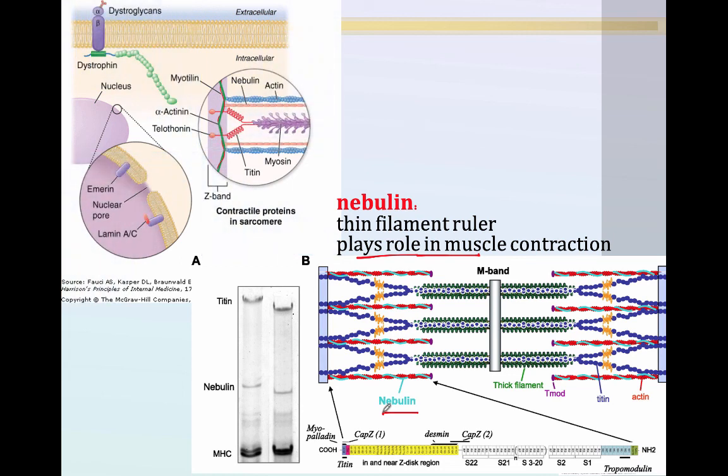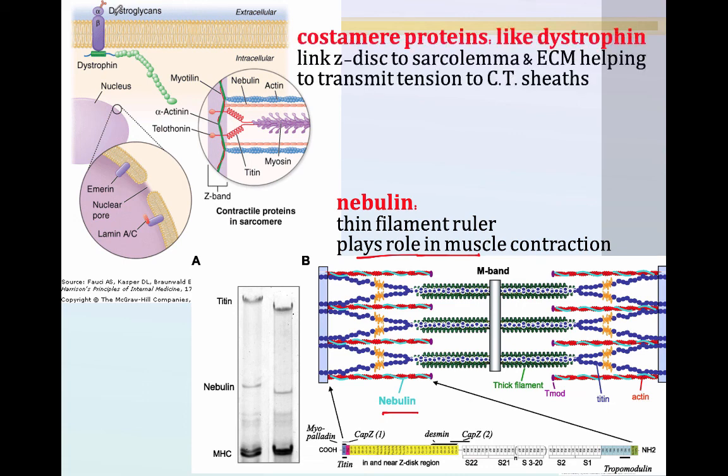I'm going to mention one other set of proteins that we have here. These proteins actually seem to link the Z disc to the sarcolemma and to the extracellular matrix. These are called costameres. And the one that I'm going to mention to you is dystrophin, because after decades of research, we've finally found that there's a problem with the dystrophin in people who have muscular dystrophy.